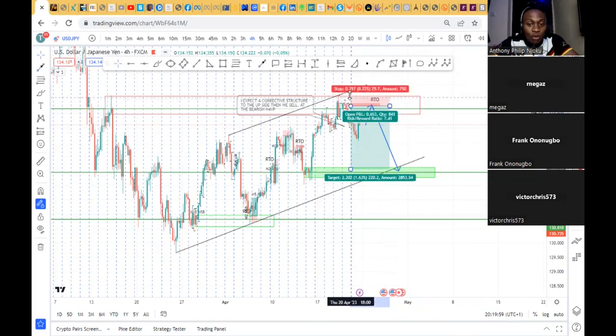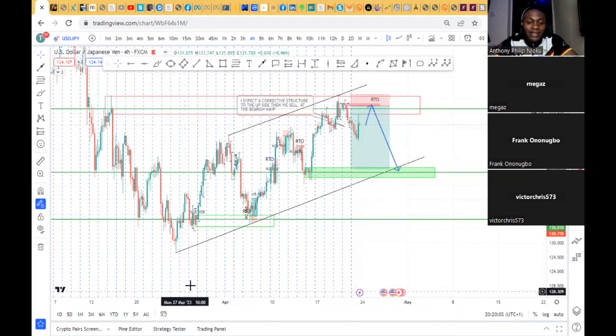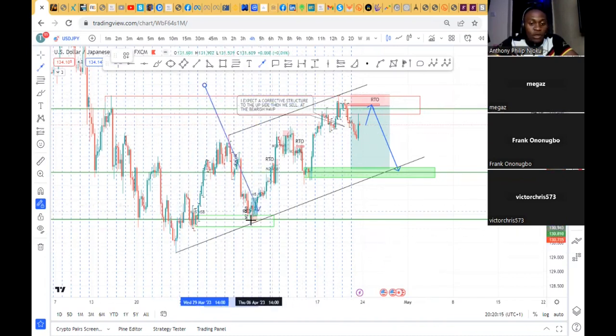You understand? But if you want to be conservative, you can take it away from this, because this is an uptrend channel, which market has come and tested this high, and this high is reversed. Then now we have this low and this low. What makes a trend? 2 points. 2 points make a trend.